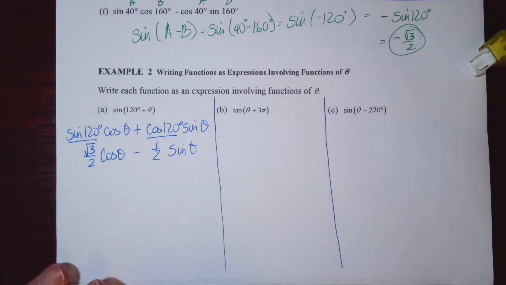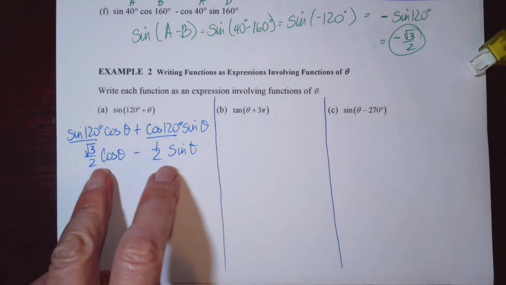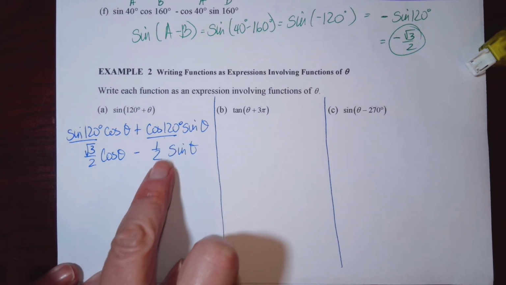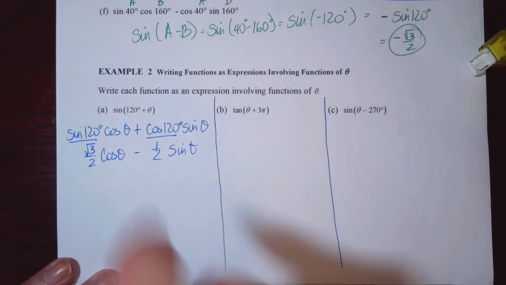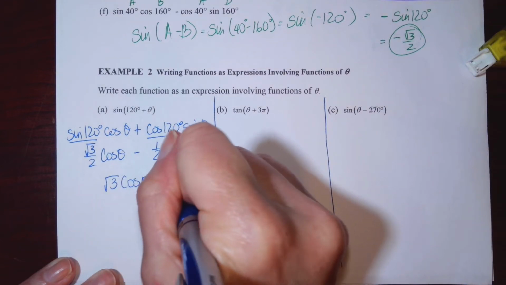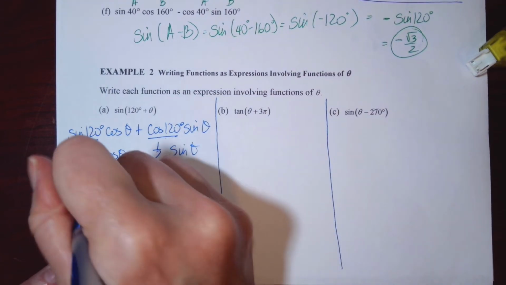The only further thing I can do, this would be square root 3 cosine theta over 2 minus sine theta over 2. I can write that as a single rational expression with a denominator of 2.